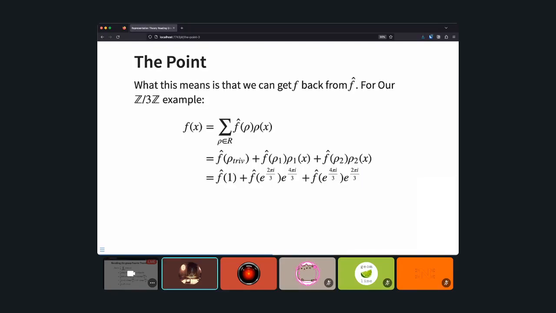What that really means is that f hat is our Fourier transform, and you can get f back at any point as this weighted sum of sine curves, e to the 4 pi i of x. I also messed up the exponentials on the outside, which should have an x in them as well. But this is a weighted sum of sine curves.